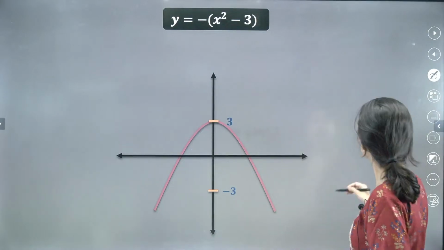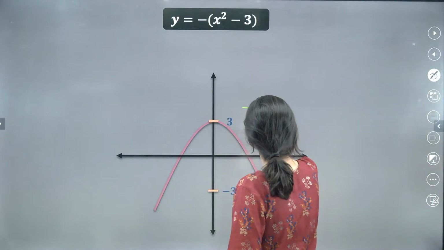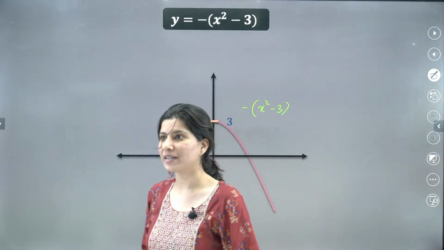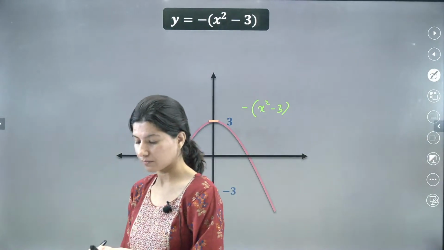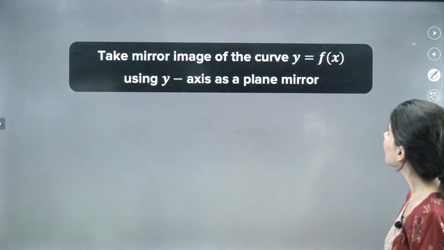So this is how the graph of minus of x square minus 3 will look like. Okay, final graph of minus of x square minus 3 will look like. ठीक है? All right, clear? चलो, okay.